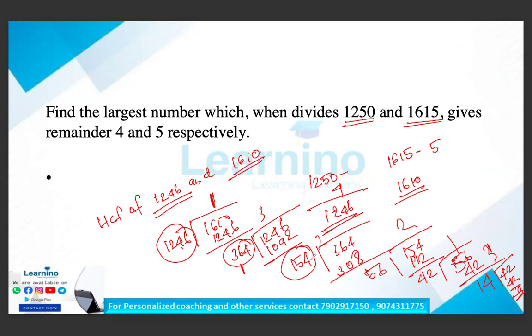Taking the last divisor 364 divided by 154, we will get 56 as a remainder. Again divide, 154 divided by 56, we will get 42. And again dividing, we will get 14. So the last divisor, HCF will be 14. The answer of this question will be 14.